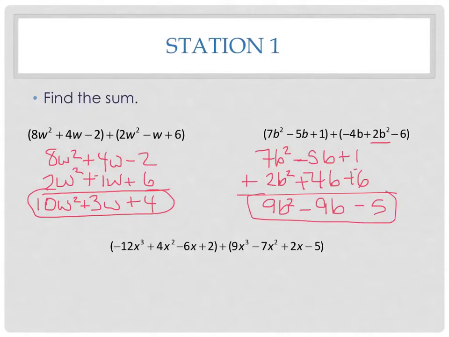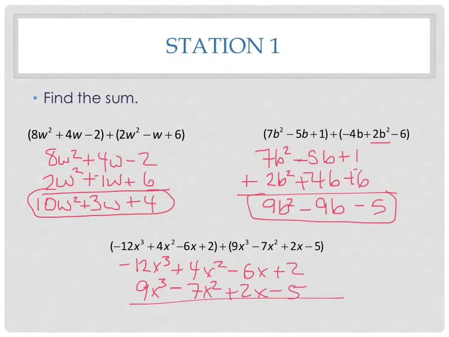And then in the third one, we have negative 12x cubed plus 4x squared minus 6x plus 2. And then underneath that, we're going to add 9x cubed minus 7x squared plus 2x minus 5.